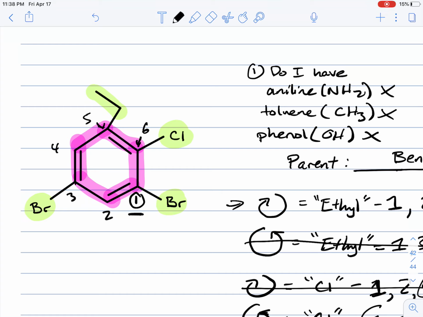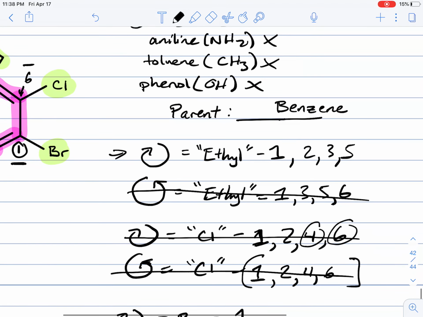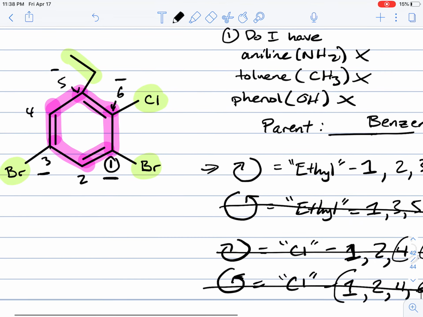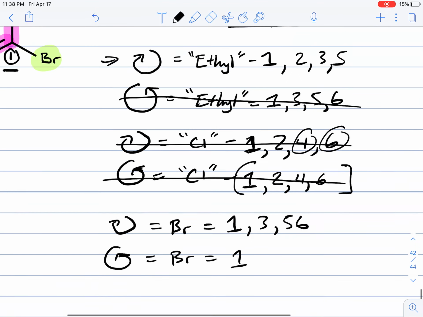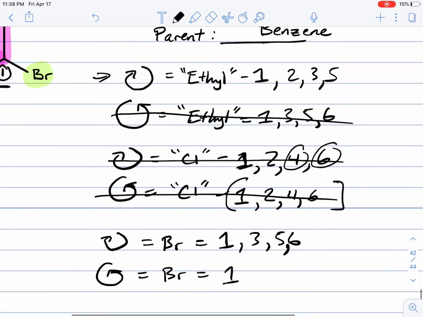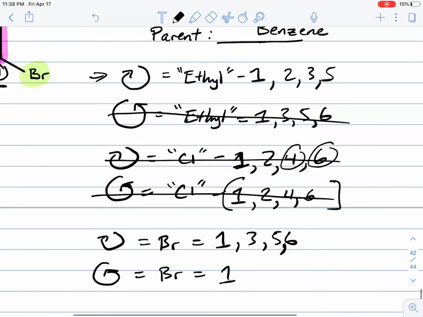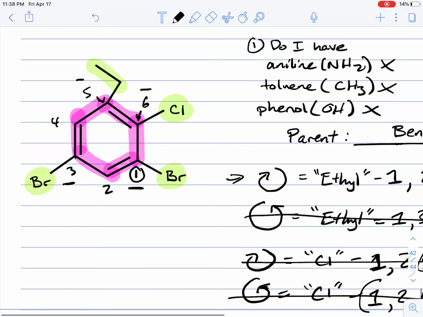I have 1, 3, 5, and 6. Does 1, 3, 5, 6 beat 1, 2, 3, 5? No, it doesn't. So this is 1, 3, 5, and 6 if I go clockwise. And so I have higher values down here at the bottom than what I have here on the top. So that one's wrong. So this is not the correct numbering system.